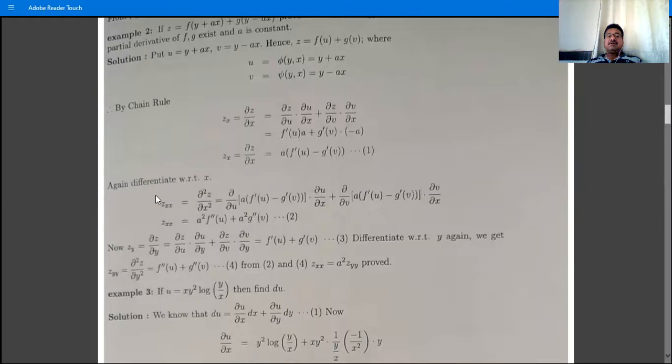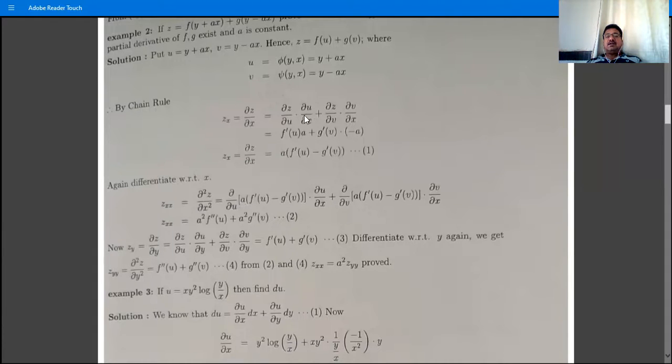Therefore ∂²z/∂x² means the derivative of this quantity. Suppose this is equal to p, then ∂²z/∂x² is ∂/∂x of that p, and p is a function of u and v, and u and v are functions of x and y.